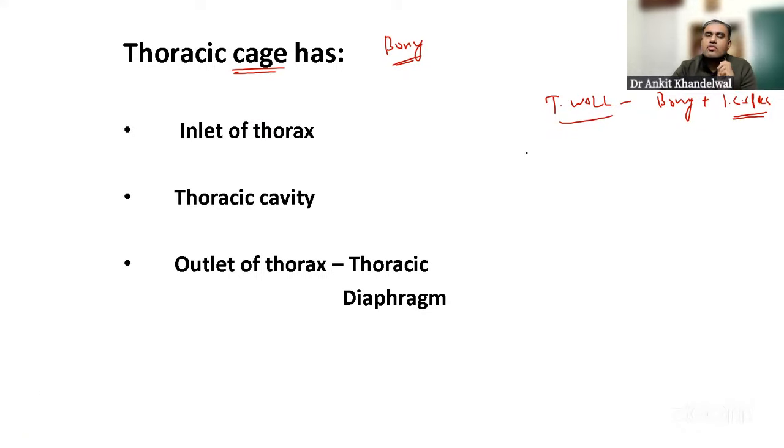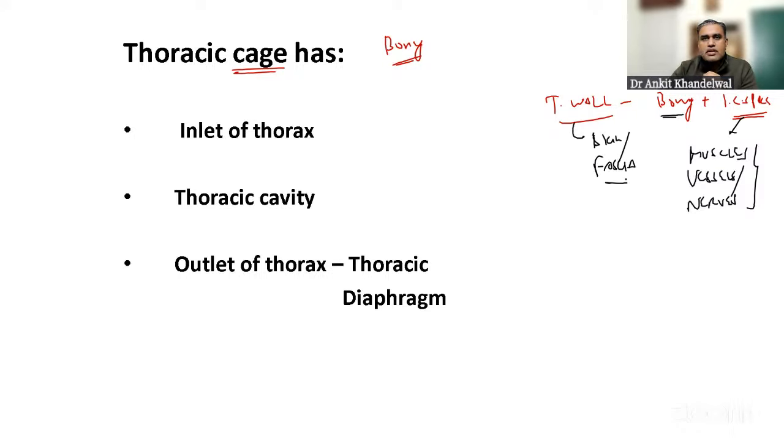Cage is a part of the wall. So the wall will have the bony cage plus the intercostal spaces, which have all the muscles, vessels and nerves. The wall will also include the skin and the fascia outside. Are you getting the point? The differences.